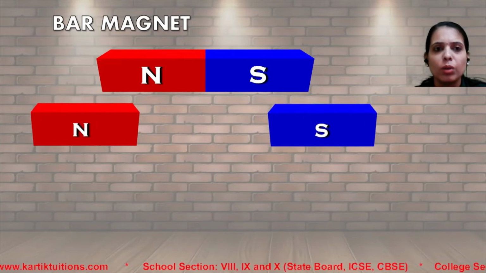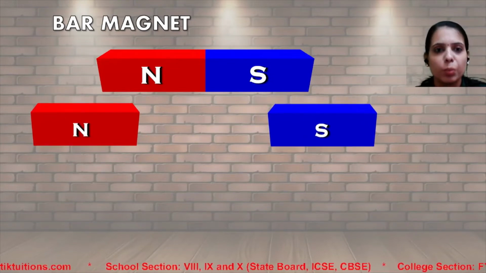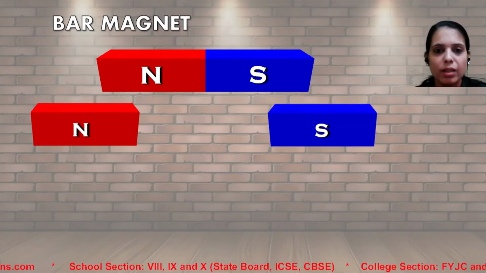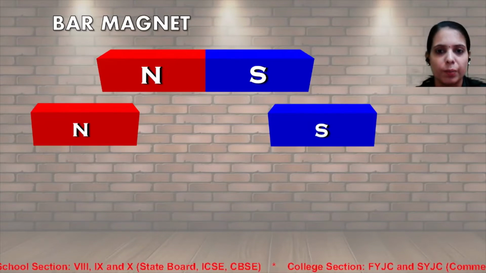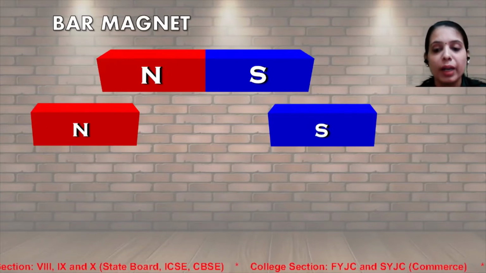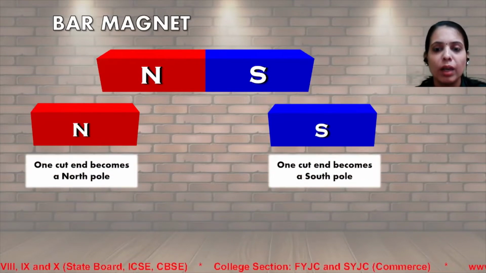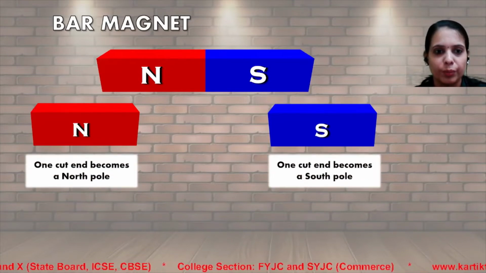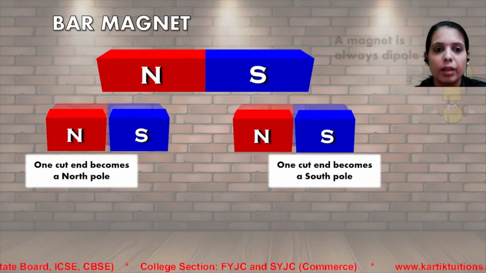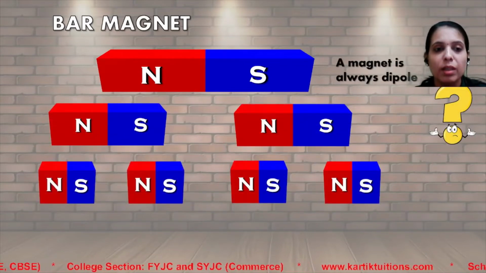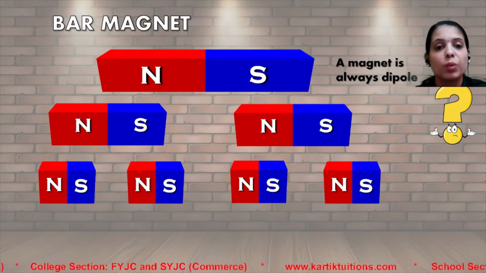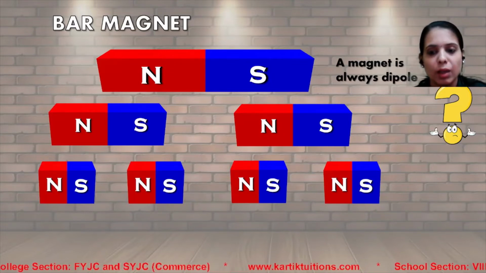Now we all know that the bar magnet has two poles, the north pole and the south pole. Now if I break this magnet into two pieces, each piece will again have a north pole and a south pole. Further, if I break them into even smaller pieces, those smaller pieces will also have a north pole and a south pole.